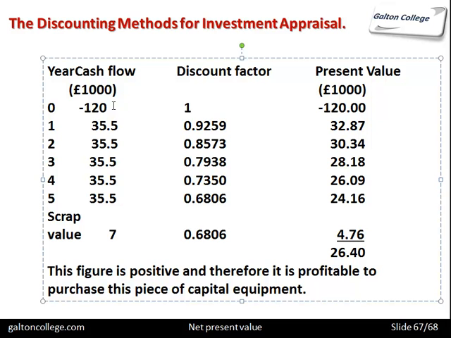Many things can happen over the year. Many things can happen over 2 years or over 5 years. How do we know the return at the end of 5 years will be 35,500? How do we know we can sell the machine for scrap at the end of the 5-year period for 7,000? So this technique does not cope very well with uncertainty and risk.